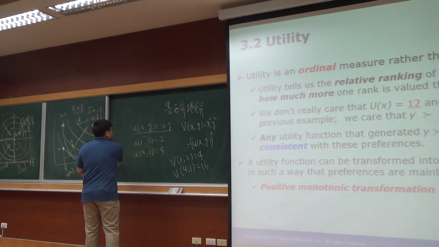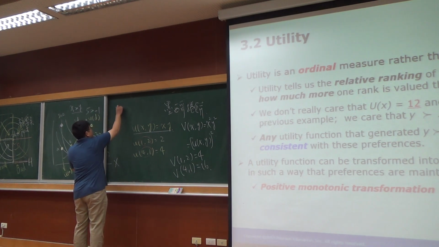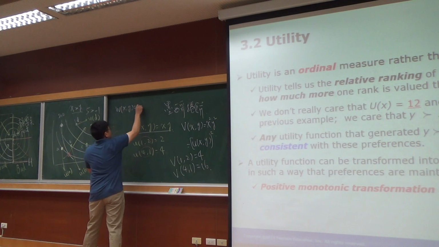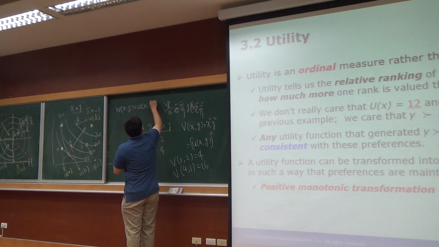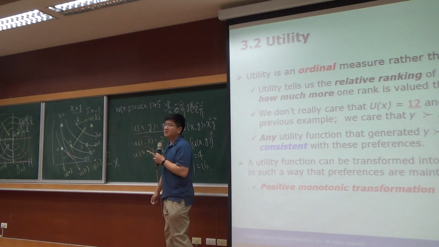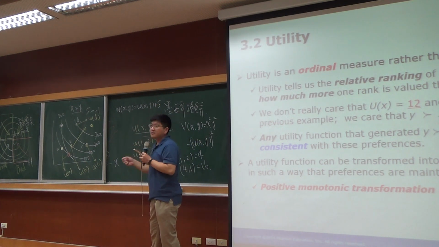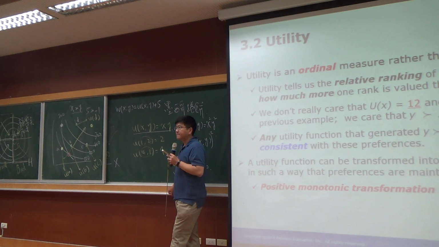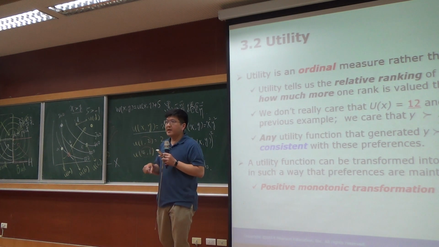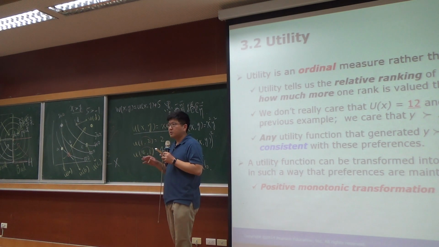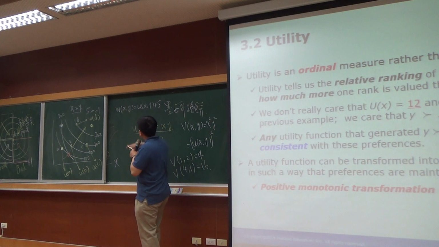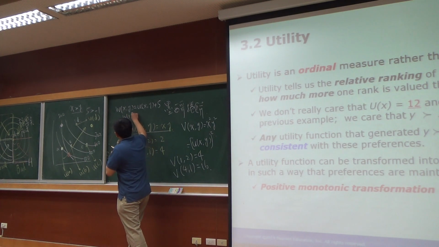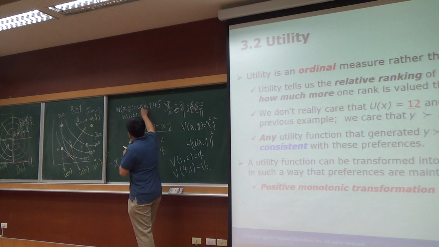So any kind of positive transformation is good. Say, let me give you another function, W, which is utility plus 5. Do you think this is a positive monotonic transformation? Which means the order remains, but the absolute value we don't care. Okay? So in this case, W12 equals 7, right?